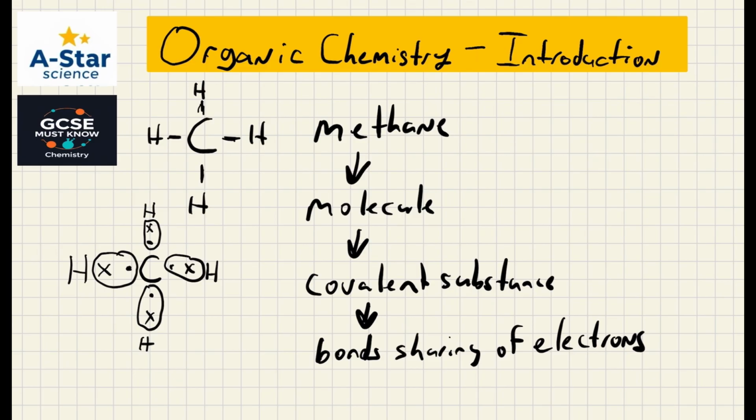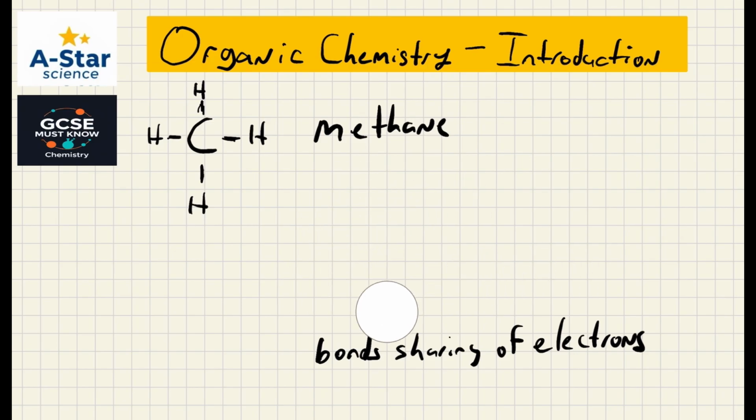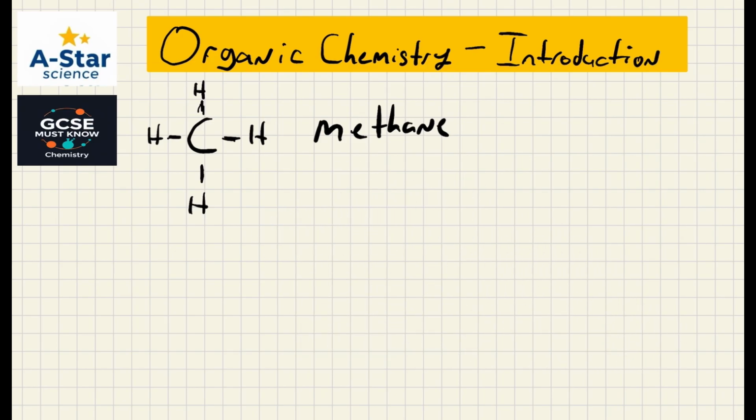So where does this name methane come from? And we're going to use that to talk about organic chemistry. So when a molecule has 1 carbon, we use the prefix meth. That means 1 carbon.